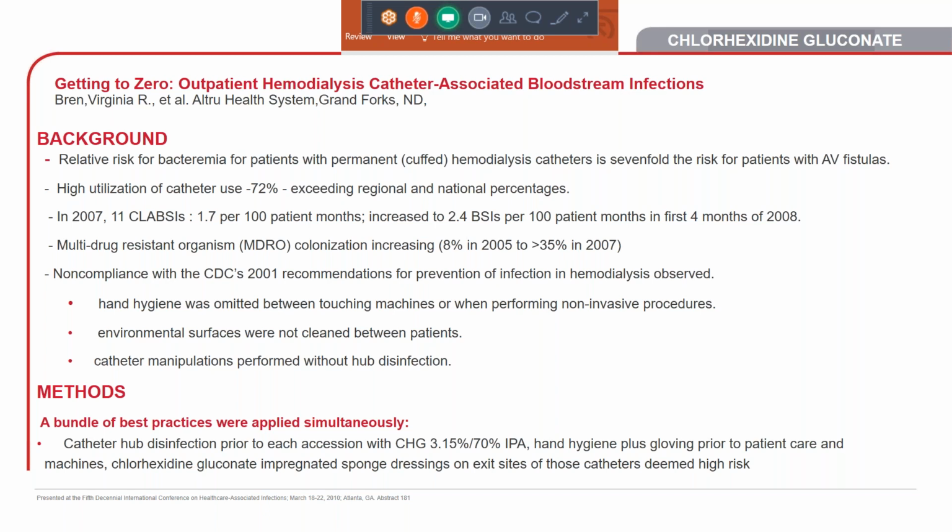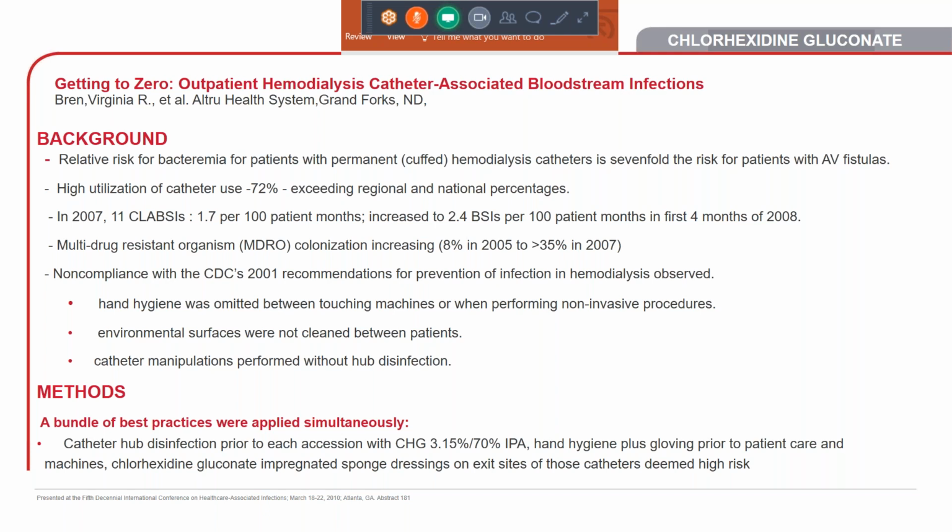But in this particular center, they were exceeding regional and national percentages for the use of catheters rather than fistulas. They cited their data in 2007. They had 11 CLABSIs, which represented 1.7 per 100 patient months. Again, an unusual denominator to use, but that is what they utilized here.